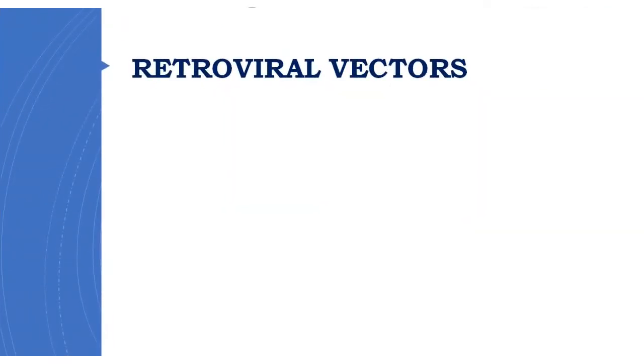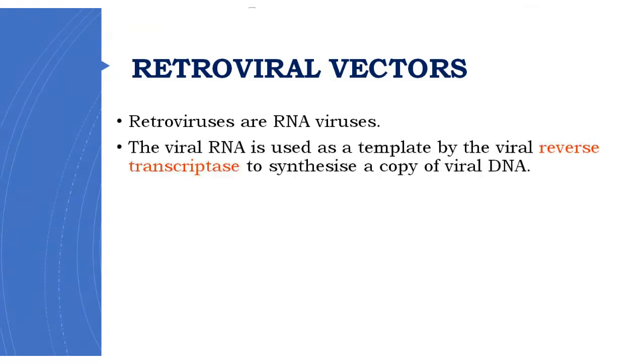Then the last vector is the retroviral vector. Retroviruses, RNA viruses, can be used because they have reverse transcriptase. So with reverse transcriptase, the viral RNA can code for viral DNA.